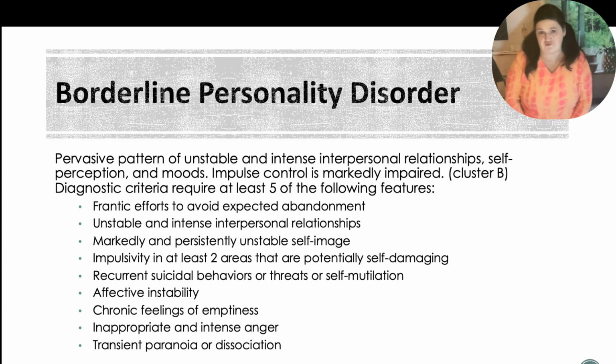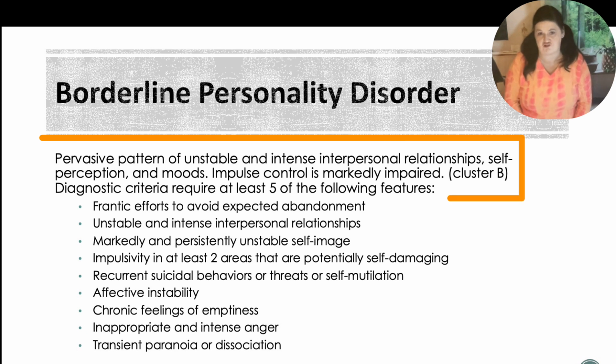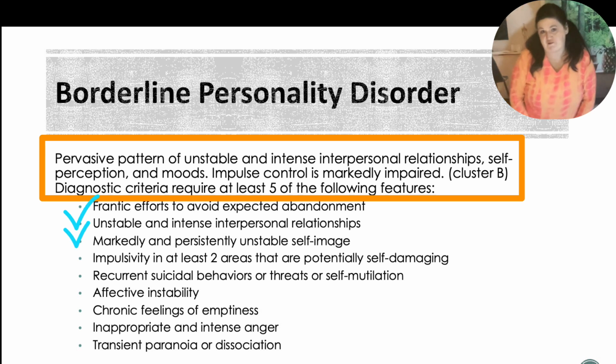Okay, borderline personality disorder, a little bit more of a pattern of unstable and intense interpersonal relationships here. People with this have a self-perception that is unstable and intense. Their self-perception, moods, and impulse control are markedly impaired. This is why we have this diagnostic criteria of at least having to have 5 of the following features for this particular diagnosis.